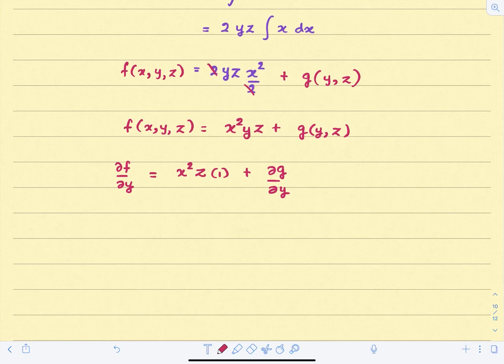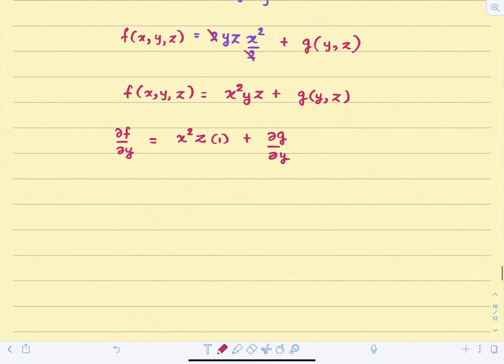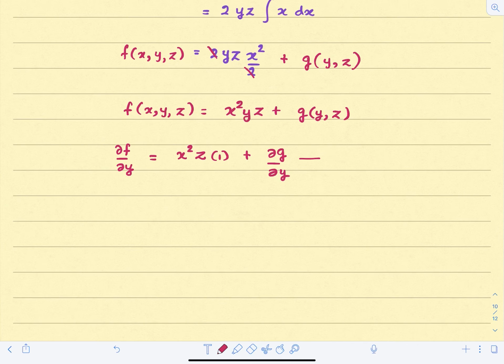And I use the partial notation because g is a function of y and c. Okay, so this is the equation that we found for partial f over partial y. Let's say this is my equation 4.